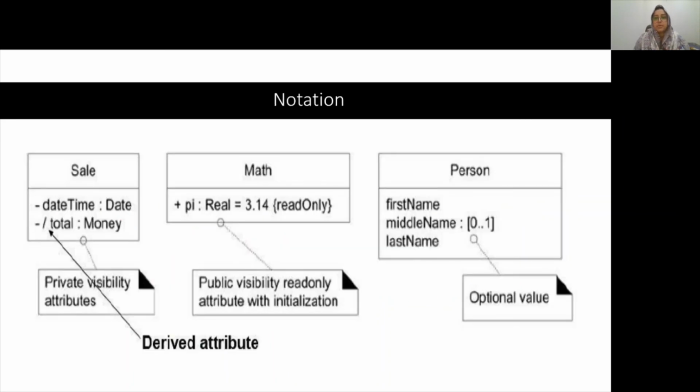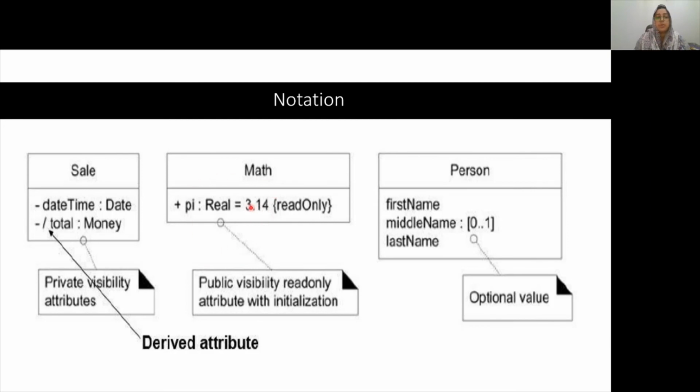Here are different notations used for different types of attributes in the domain model. For example, if it's a private attribute, we just put a minus sign. But if it's a derived attribute, then we put a slash. For public visibility, read-only attributes with initialization, plus represents the public visibility. Pi equals 3.14.